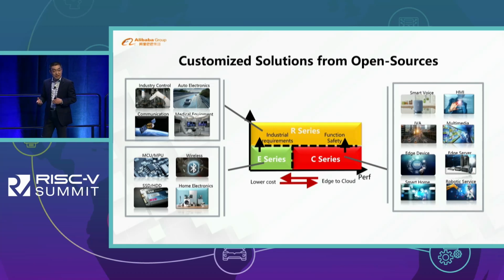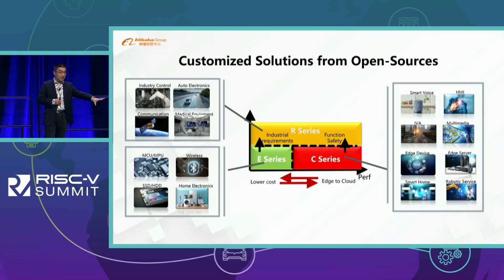Based on the requirements from industry controls, we have also developed the R series. If you look at the pictures, the R series is more for industry control and auto electronics. The E series is for MCUs, etc. And for the C series, we have smart voice and edge computing, edge servers.